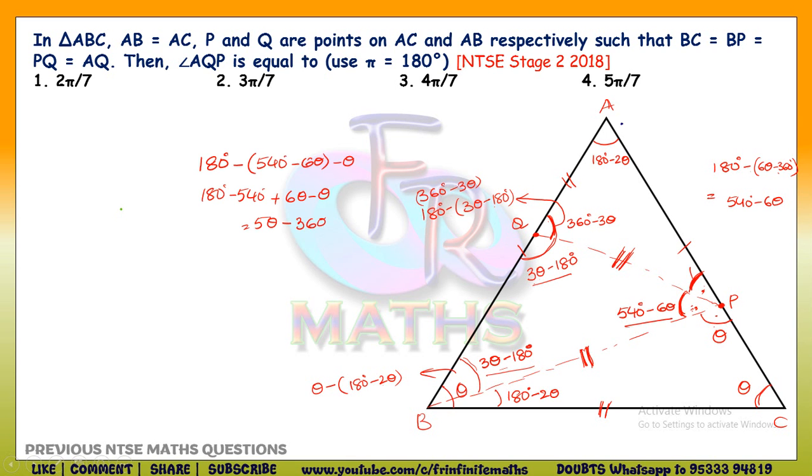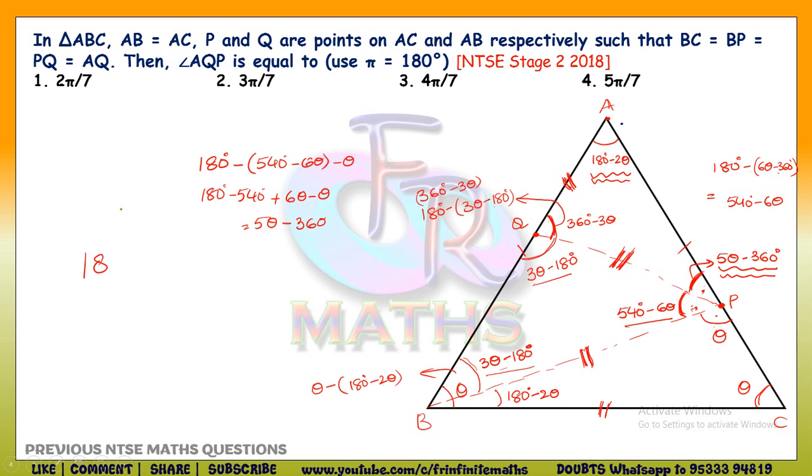So this value is nothing but 5 theta minus 360 degrees. But if you observe triangle AQP, these two side lengths are equal, right? When two side lengths are equal, their opposite angles are equal. So this 180 degrees minus 2 theta is equal to 5 theta minus 360 degrees.